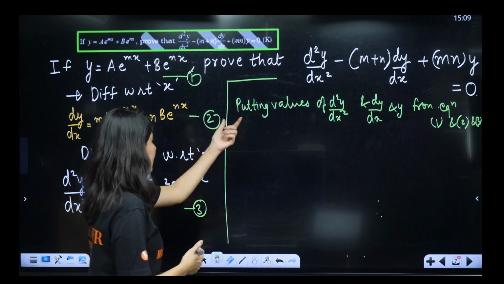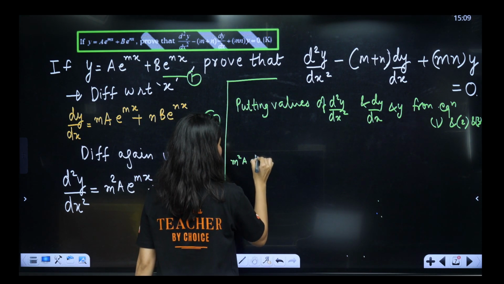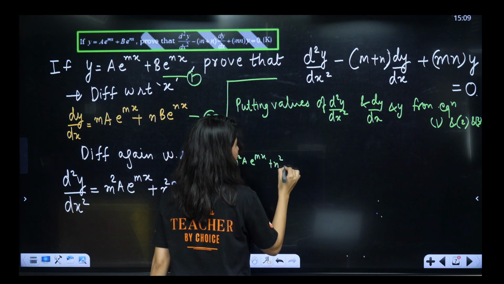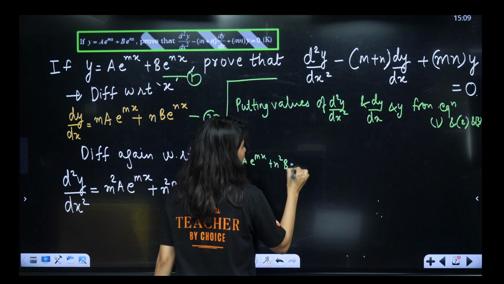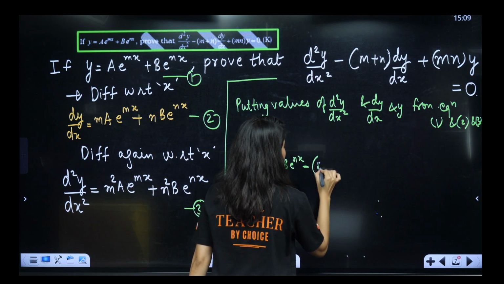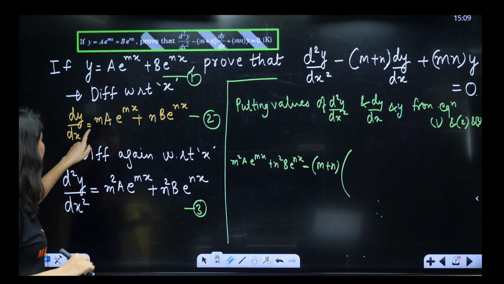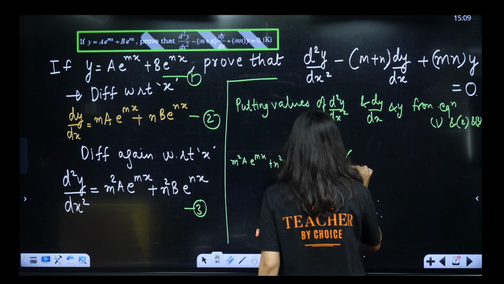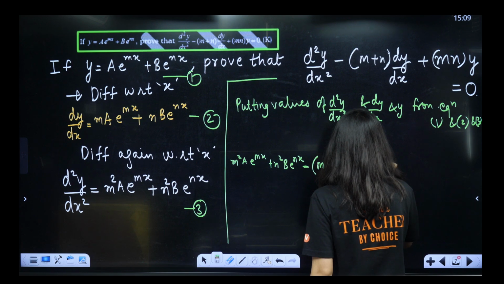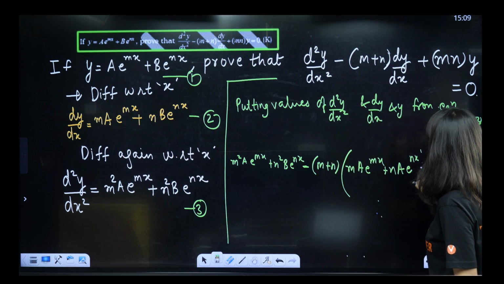Alright, so d2y by dx square. So this is m square a e raised to power mx plus n square b e raised to power nx. This is the value which we have put, minus (m plus n). Now dy by dx, where? So ma e raised to power mx plus nb e raised to power nx, correct?